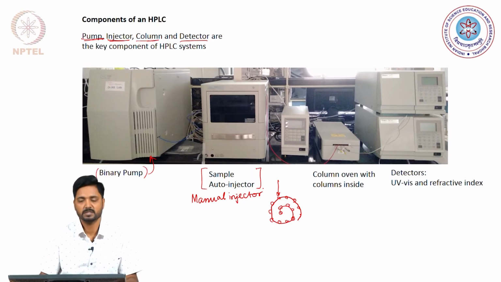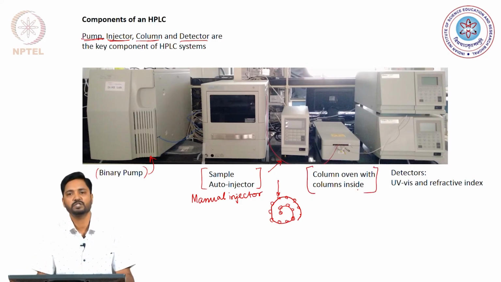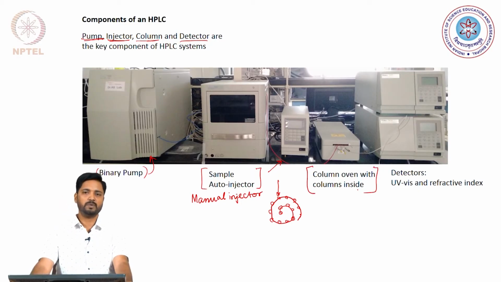Once the sample is injected into the HPLC system, it goes through the various tubings, some of which may be visible here and also at the back. So, we have a column oven within which we keep the columns, because as we understood in the previous classes, temperature has a very clear influence on the various parameters in the Van Deemter equation, especially the longitudinal diffusion as well as the resistance to mass transfer terms.